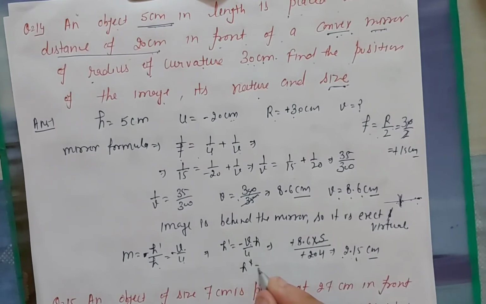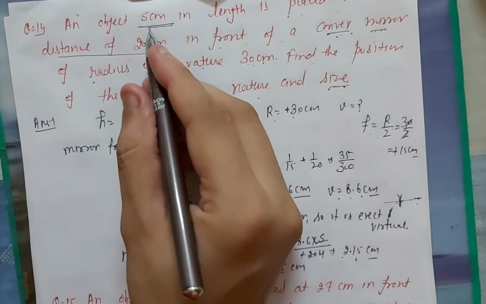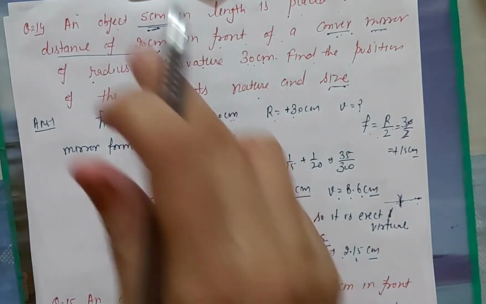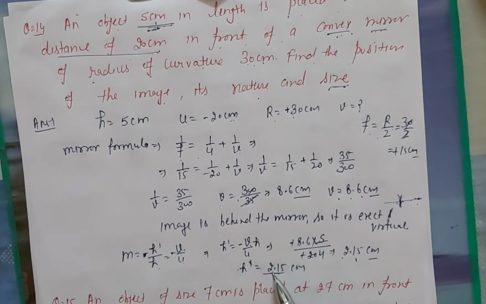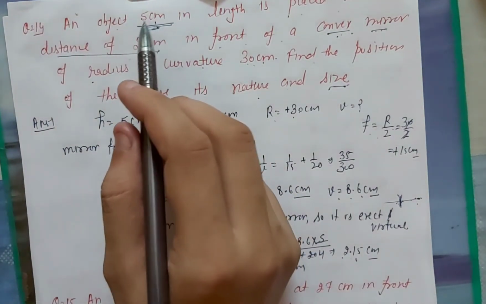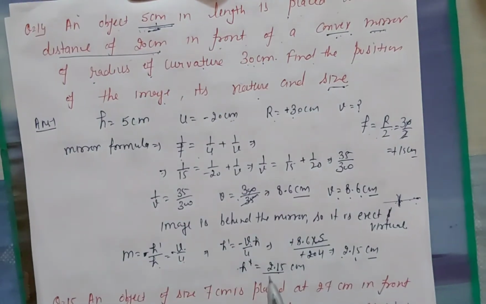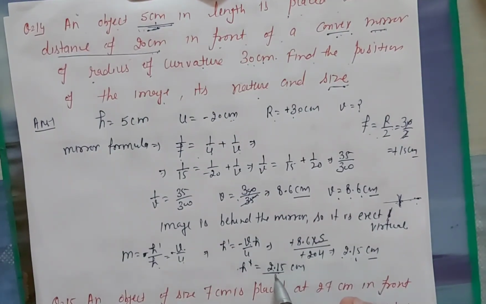So h dash is 2.15 centimeter. This is the h dash value and this is the h value. Which one is greater? 5 centimeter is greater as compared to 2.15. So the object is greater as compared to the image. So this is the magnification.